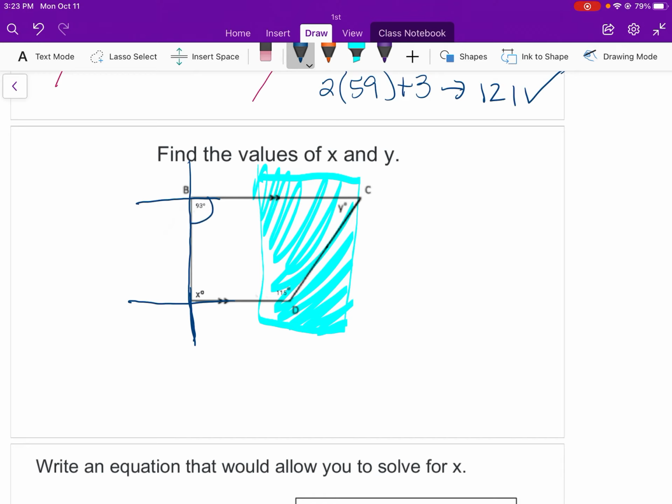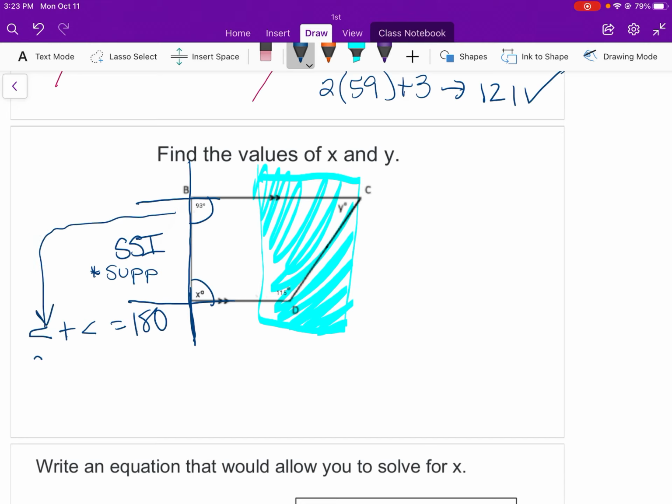So this angle and x are same side interior. And we know same side interior is supplementary. So when they're supplementary, our formula is angle plus angle equals 180. So my first angle is 93.